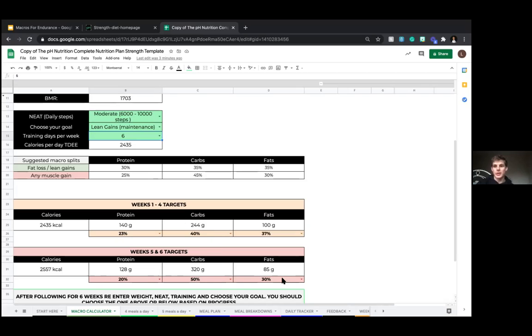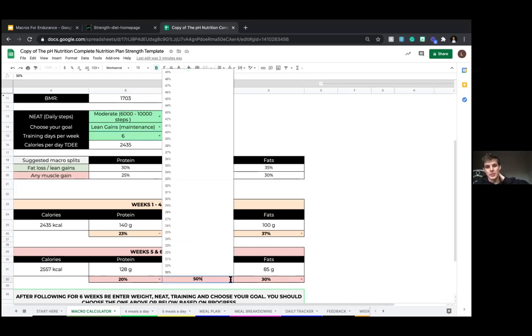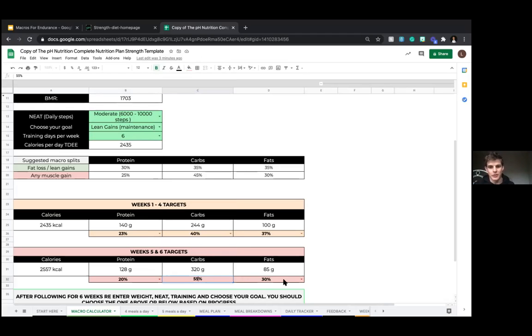And what you can do here as well is play it a little by ear. If I look at 320 grams and think back to that carb recommendation, it's a little bit lower than that 5 to 7 grams per kilo body weight that we had on that table before. So if I think, hey, I can get this in and it's easy, then you can almost take it up a little bit more by typing it in and going for a bit more carbs.